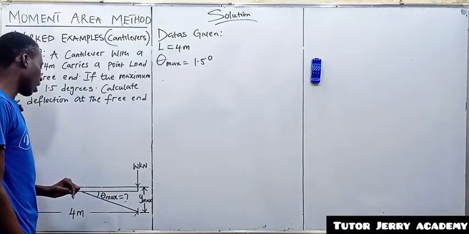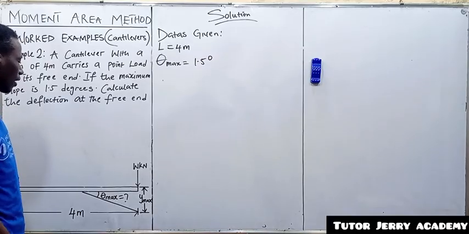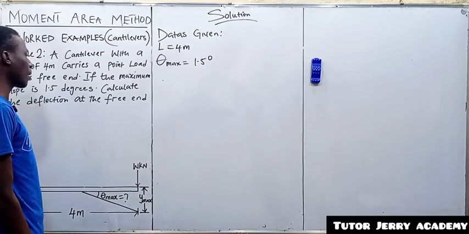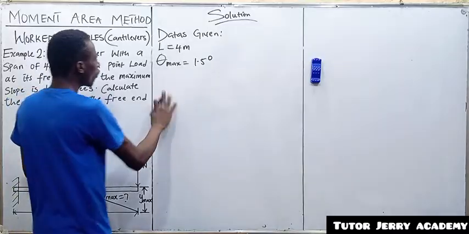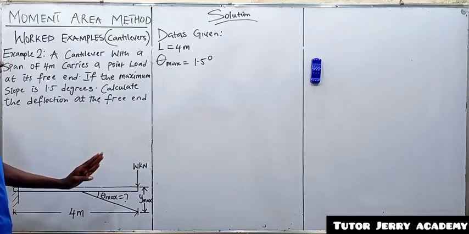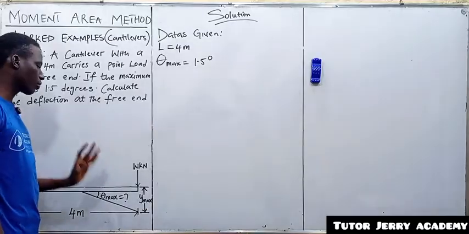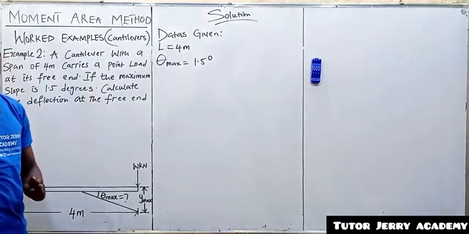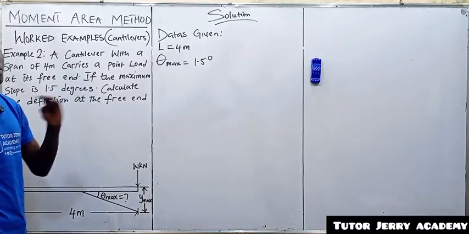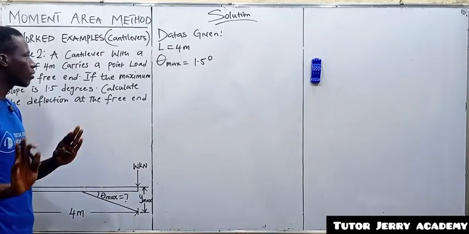Now how do we find y max? We know that theta max for a cantilever with a point load at the free end is equal to WL square all over 2EI. We have derived this formula in our previous video where we considered cases under moment area method, so do well to watch it.